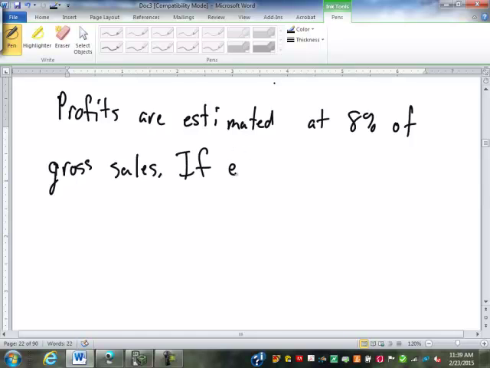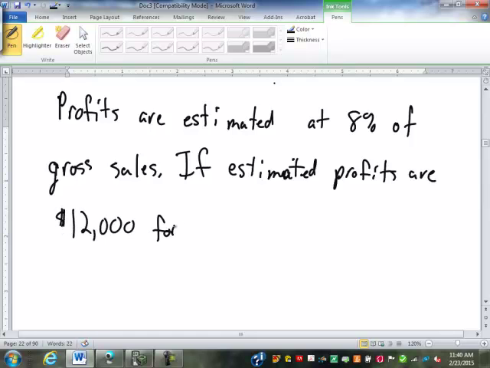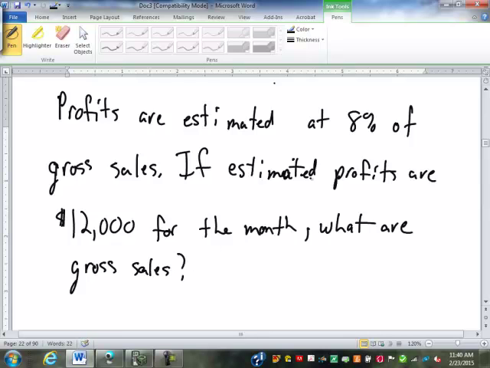If estimated profits are $12,000 for the month, what are gross sales? Or what were the gross sales for the month?